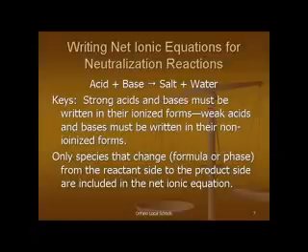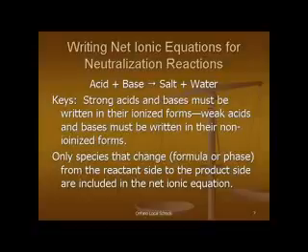So the keys are this, that strong acids and bases must be written in their ionized forms, meaning, for instance, for HCl, you would write it H plus Cl minus. And sodium hydroxide, which is a strong base, you would separate the sodium ion and the hydroxide ion when you write the equation. Weak acids and bases must be written in their non-ionized forms.